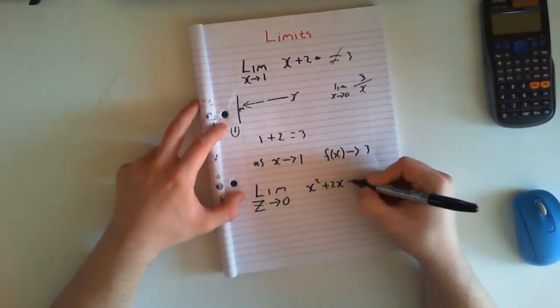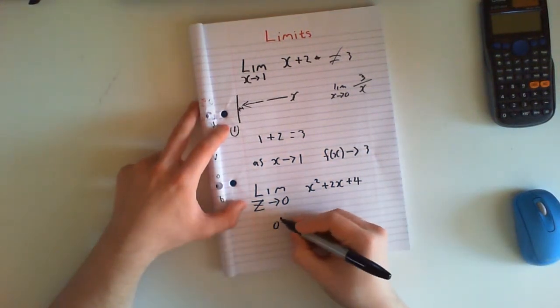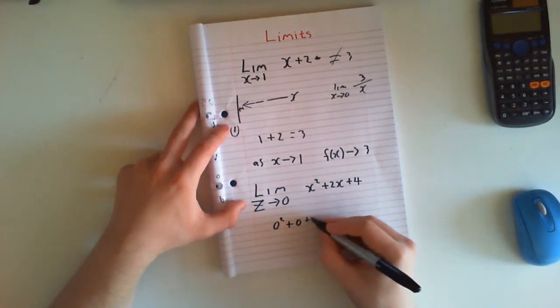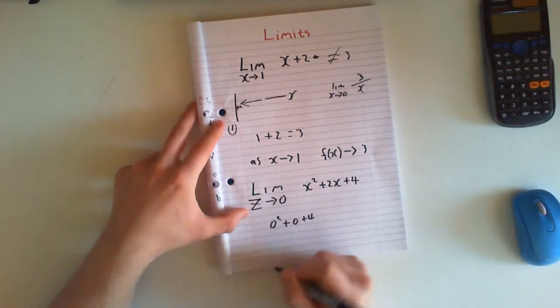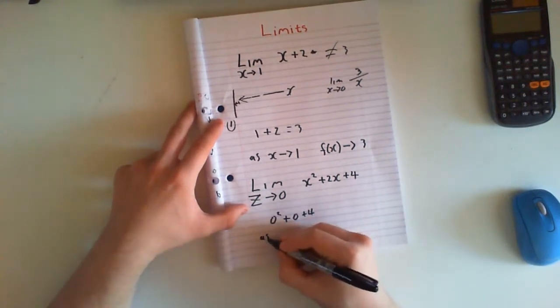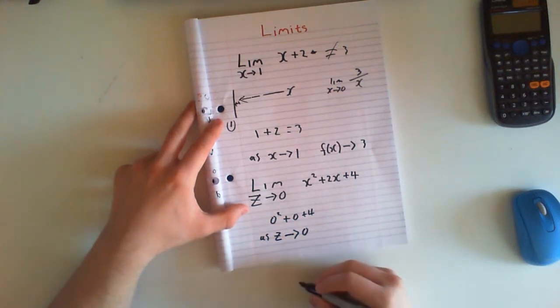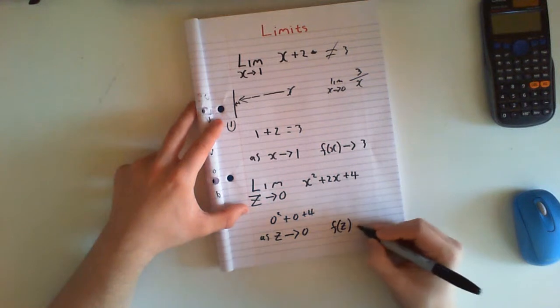So now we can put in 0 squared plus 0 plus 4. So that means as z goes to 0, f of z goes to 4.